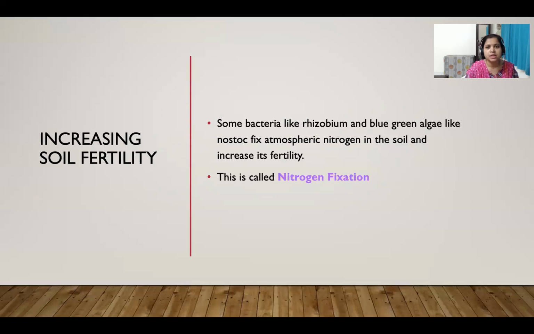And some of the saprophytic microbes, they decompose the plant and animal wastes and make manure in the soil, so that they also help in increasing soil fertility.